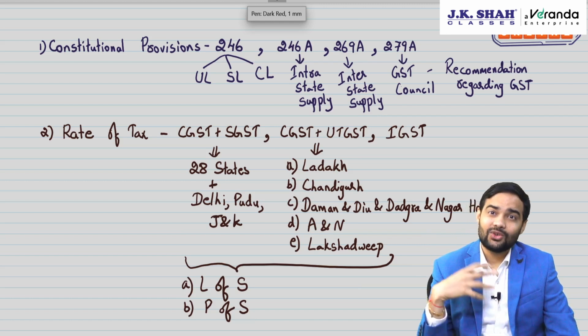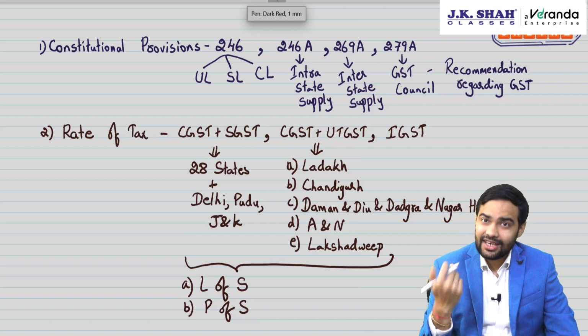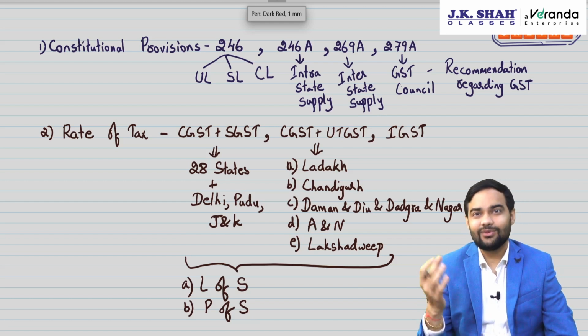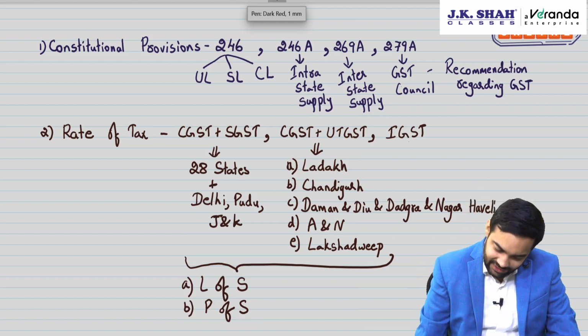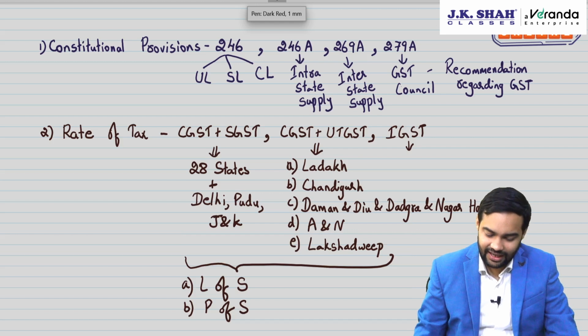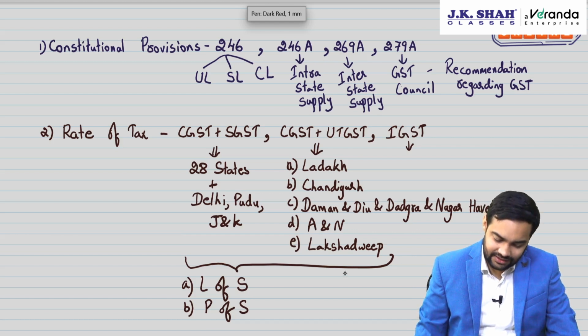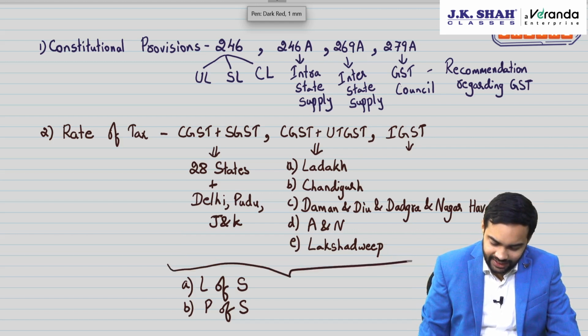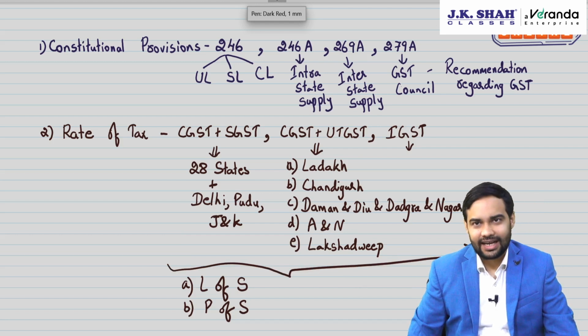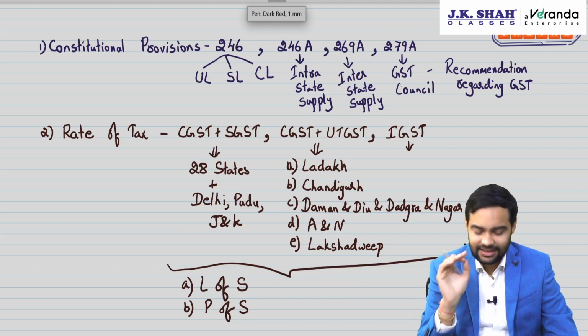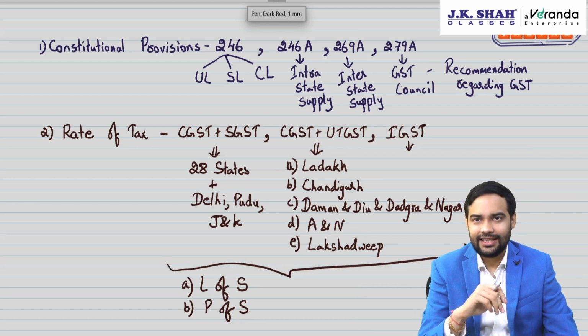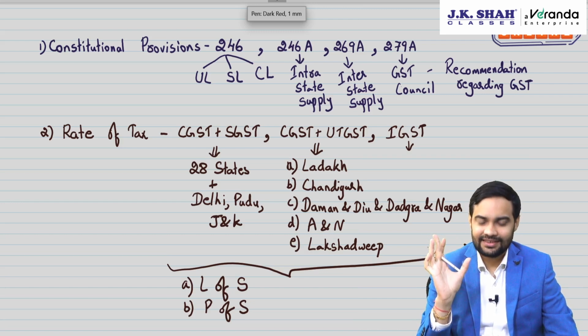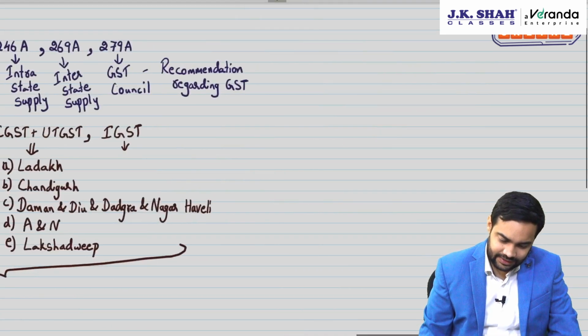If it is in 2 different states, 2 different union territories, or 1 state and 1 union territory, then you end up charging IGST. So this is how you determine the type of tax. We need to be very strong with regard to the levies. That is 1.